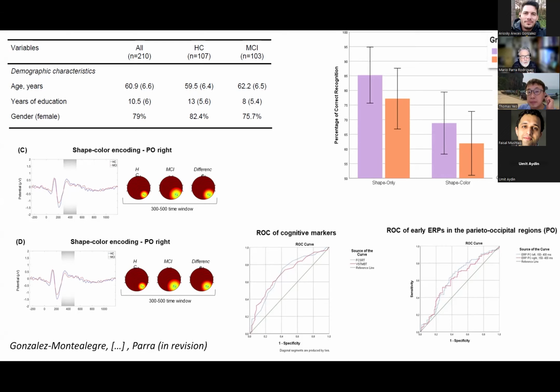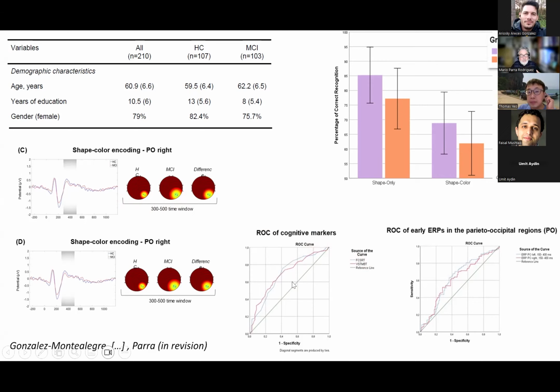So here, what we saw was something quite different to what we had seen in the previous study. Here we saw a combination of increased activity, over-recruitment. As you can see here, these are areas of the brain where MCI recruited more resources than control when they were performing the memory binding task. And when we compare this over-recruitment of brain resources during task performance with, for example, the accuracy of another very well-known memory marker for Alzheimer's disease, the results were very similar.